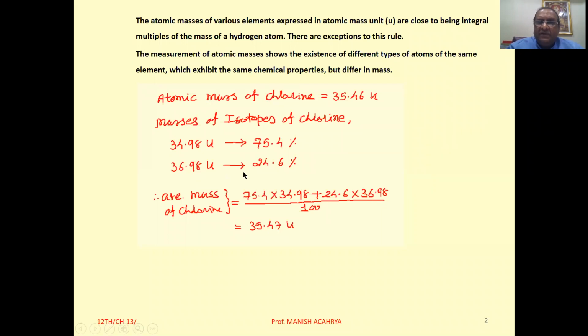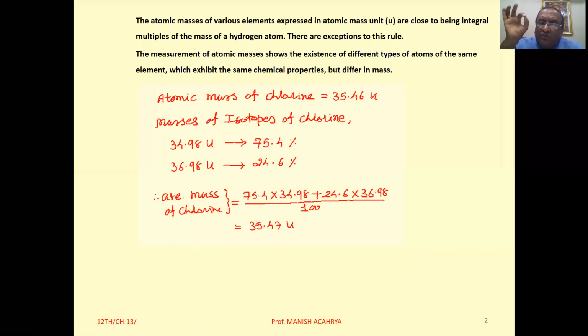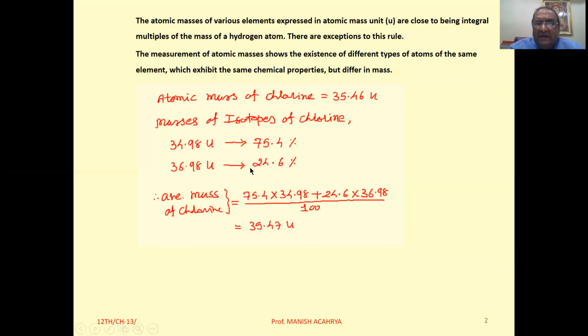In the composition of chlorine, the isotope with mass 34.98 u is 75.4%, and the isotope with mass 36.98 u is 24.6%. So we can say these are the compositions of isotopes in the element.